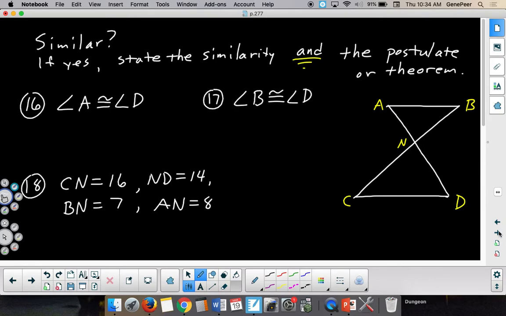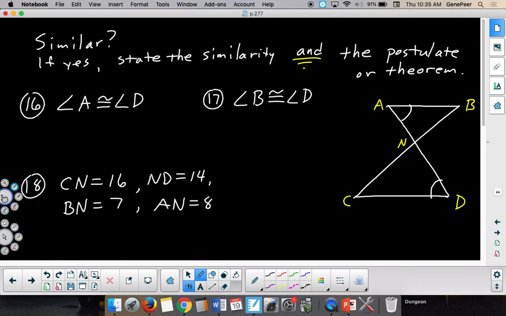Number 16. Okay, yes, very common test type questions. Are the triangles similar? If the only thing we know is that angle A is congruent to angle D, does that prove that the triangles are similar?